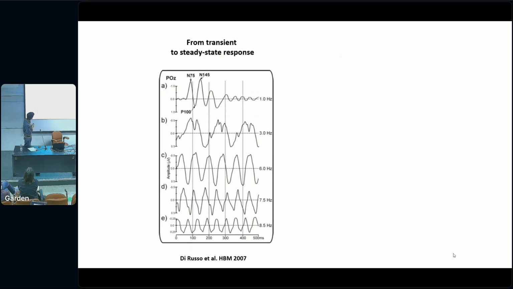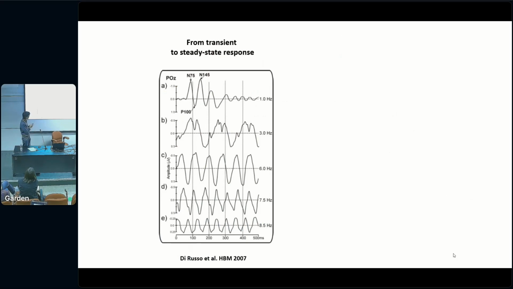Look at the first: this is the evoked potential averaged over the reversals for 1 Hz stimulation. It's a very slow stimulation for adults. And what you see is that at each reversal, you see the ERP and then nothing. There is a transient response, and then it fades away.